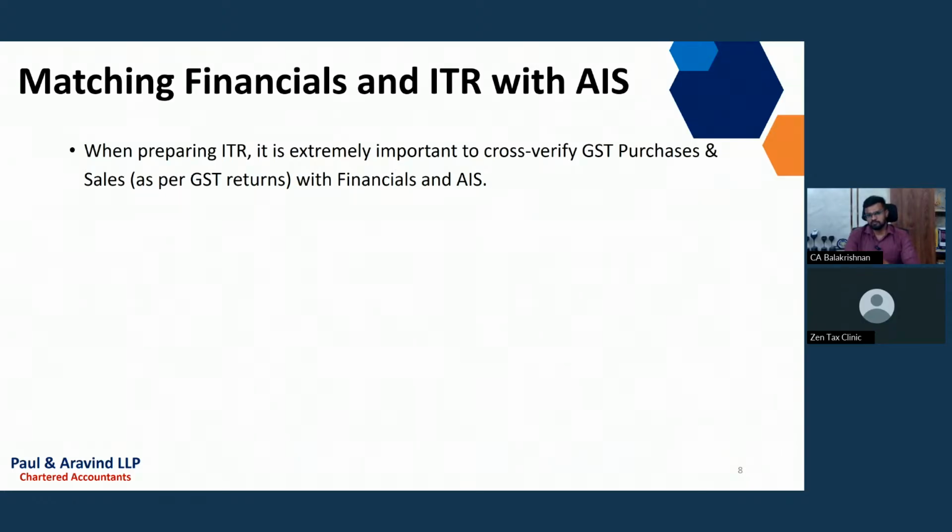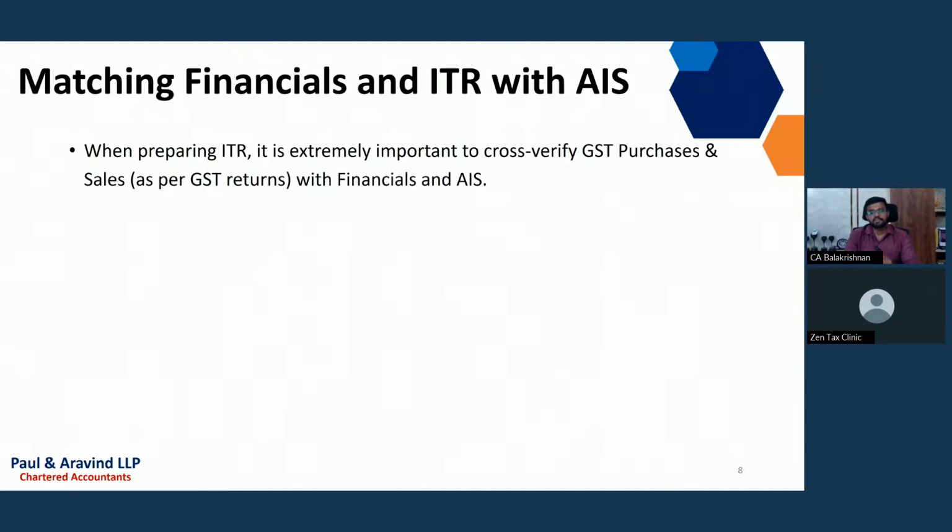Why is it important? Because sales reported in AIS are as per GSTR-3B. So if any amendment has been made subsequently, it will not be reflected in AIS. So we need proper reconciliation between GSTR-3B, books and AIS data.